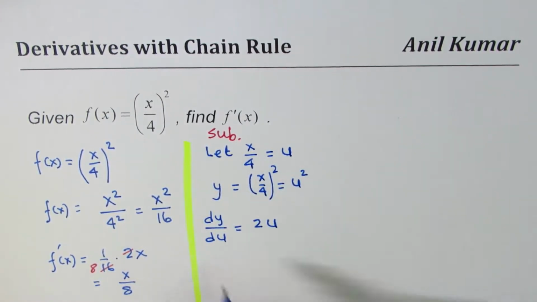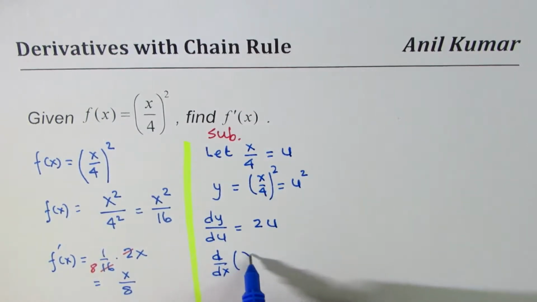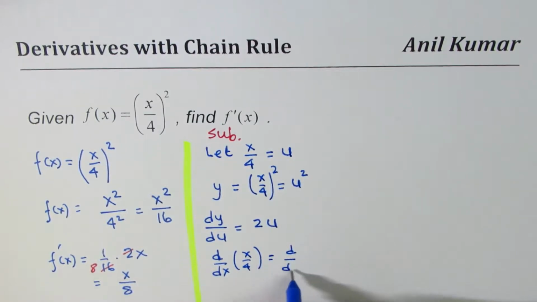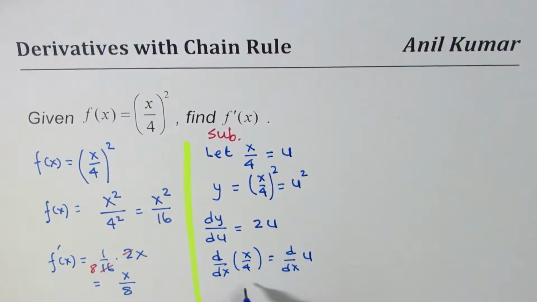So we can do d dx of x over 4 will be d dx of u. The derivative of x over 4 is 1 over 4. So 1 over 4 is du dx. Do you see that?